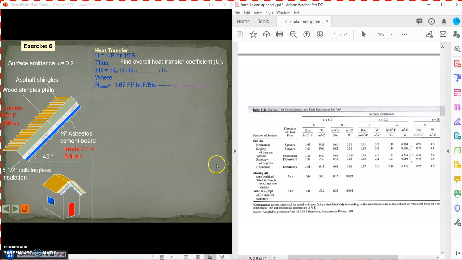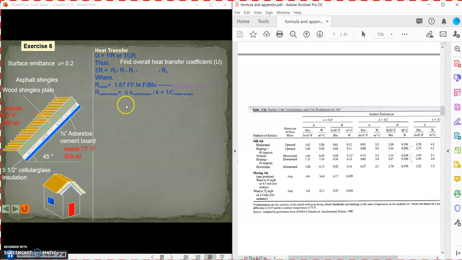Now it is 45° sloping, right? The direction of heat flow is downward. So sloping 45° downward, with surface emittance 0.2, you can get the value of R here is 1.67.